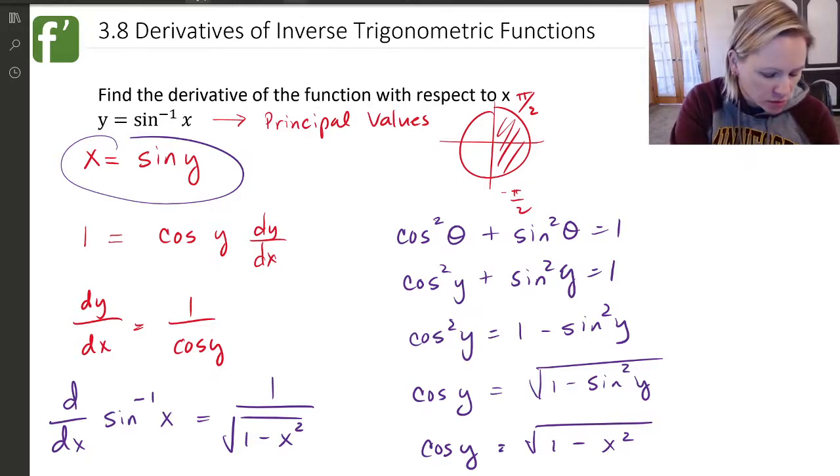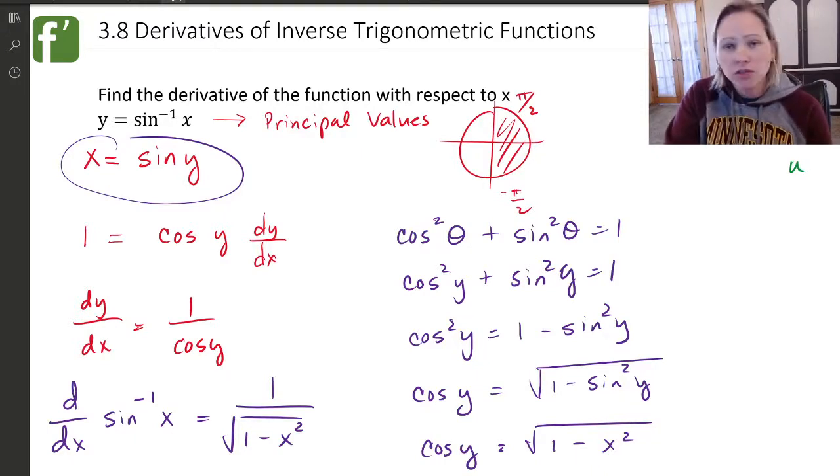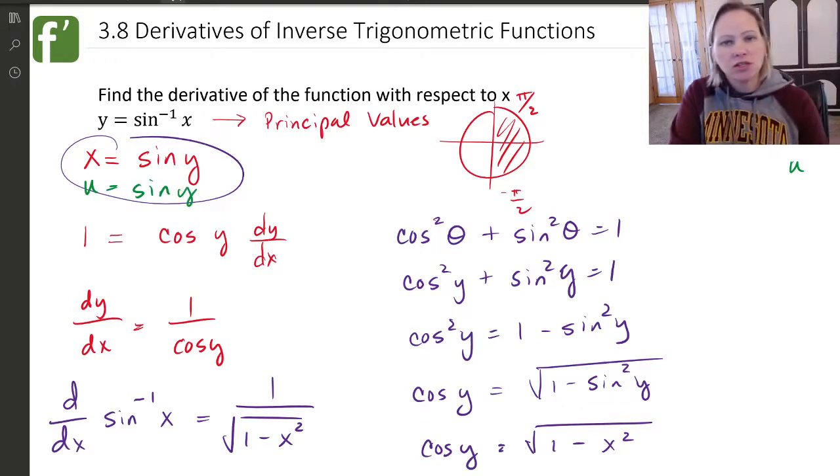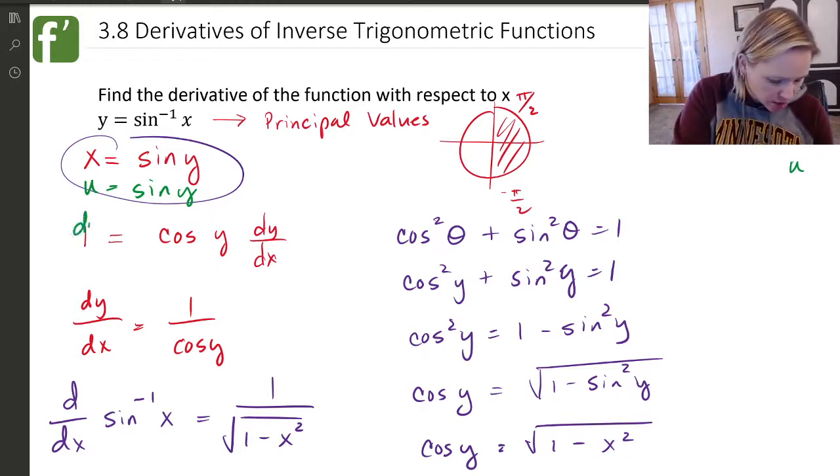So then what we would do is we'd say, well, let's let this be u. So anytime we had an x over here, we think of it as u equals sine of y. And so when we did the derivative of x, it was 1. Well, when we do the derivative of u, we have to consider it's 1, but it's du dx.